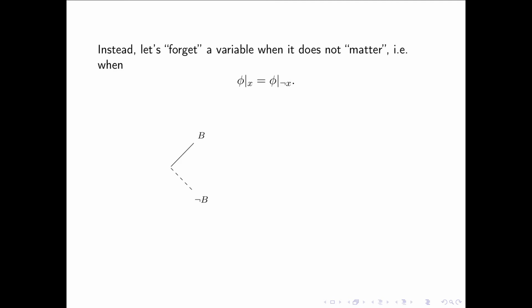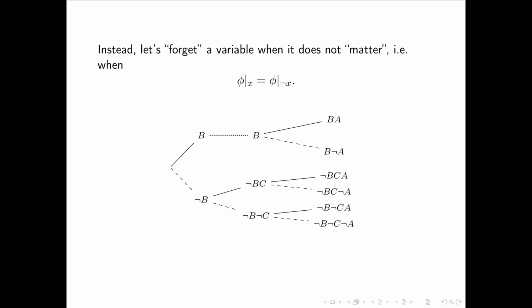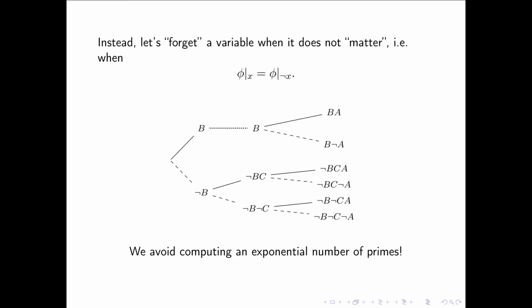So for instance, here we have B and not B, and we could have marginalized here on the top branch, we could have marginalized C if C does not matter in the formula. And on the bottom side here, we have that C does matter in the formula, and so we must expand. And so we get these primes here, which are in fact mutually exclusive and exhaustive, but we also avoid computing an exponential number of primes by marginalizing.